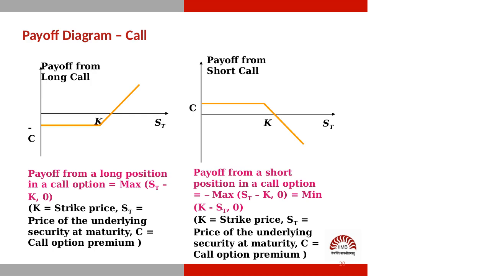Therefore, the loss of the option writer can also be infinite. So the downside risk protection that options are said to offer is valid only for the holder or the buyer of the option, not the writer of the option. Right? In fact, the formal statement is that the writer of the option is obligated.